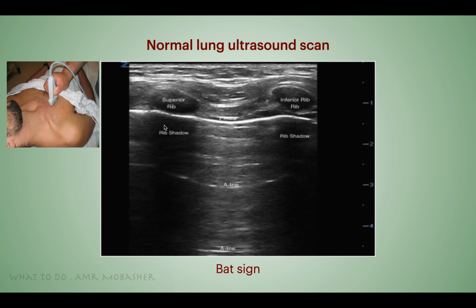Two ribs with rib shadows behind. And this is supposed to be the lung, which we can't see because the lung is filled with air, as we mentioned during part 1. So it's called simply the bat sign. The ribs and rib shadows are the bat wings, and the lung tissue in between is the bat body. This is the bat sign.